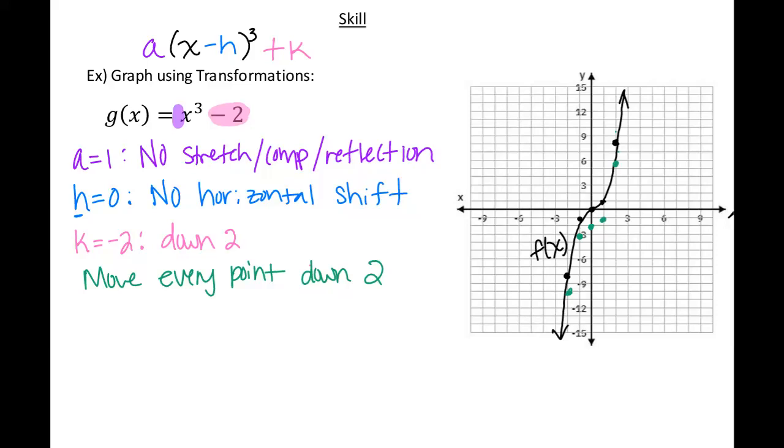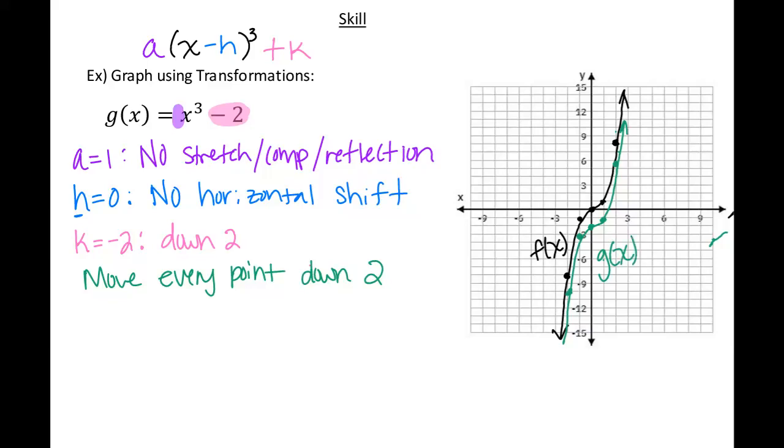And you might have a slight overlap a little bit. That's totally fine if that happens. Don't forget to connect your dots together. And make sure to label it g of x.